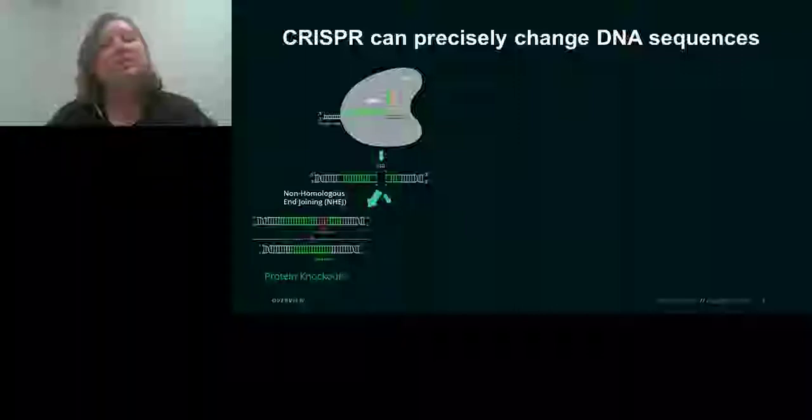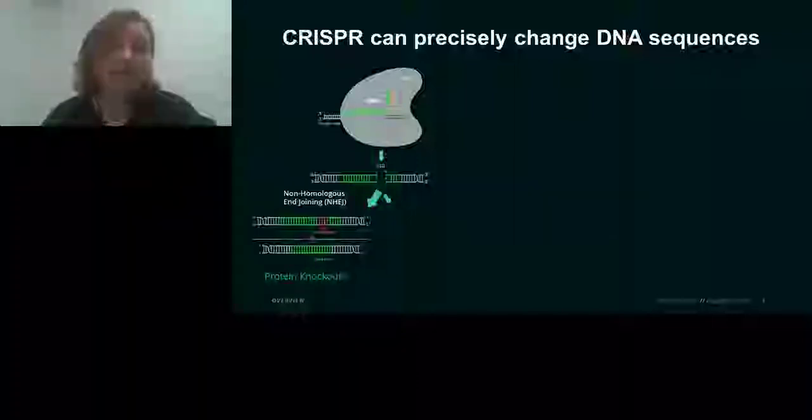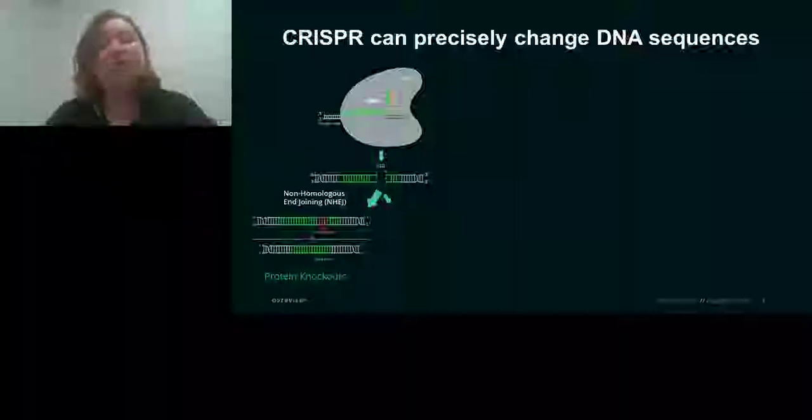So CRISPR uses two different components, what we call the guide RNA and the Cas9 protein itself. And these two components come together to form a ribonucleoprotein, which when it goes into the cell, finds homology to that guide RNA sequence, which we designed to target part of the genome. So once that complex has found that DNA, the whole RNP complex, it will make a double-stranded break. And that is all the CRISPR-Cas9 system actually does.